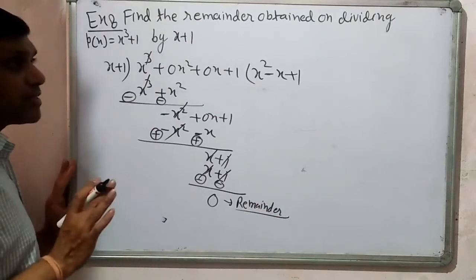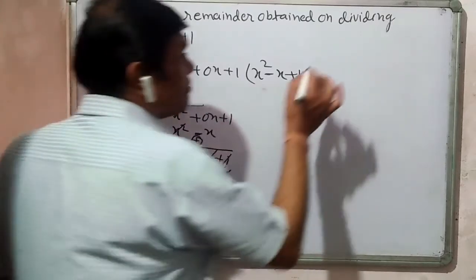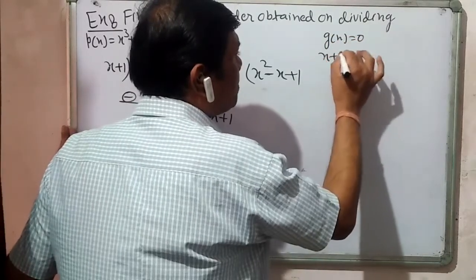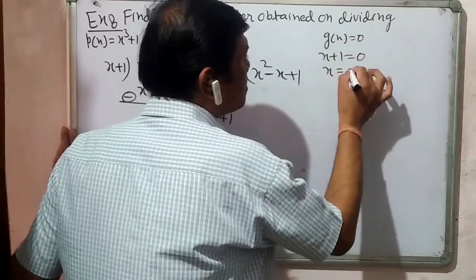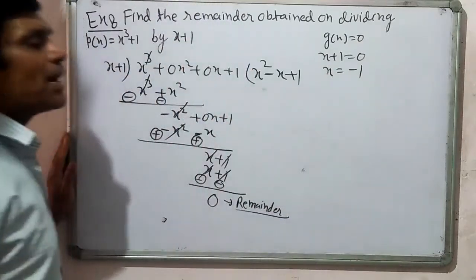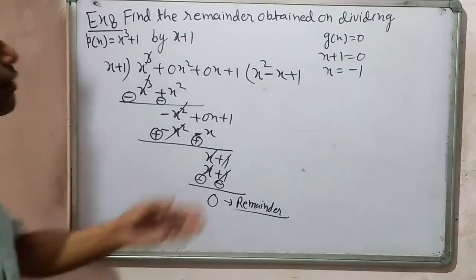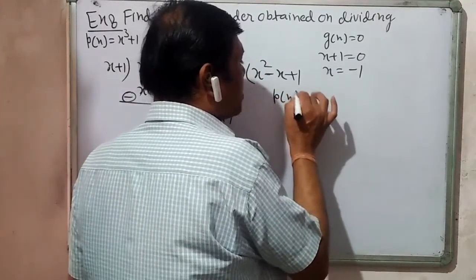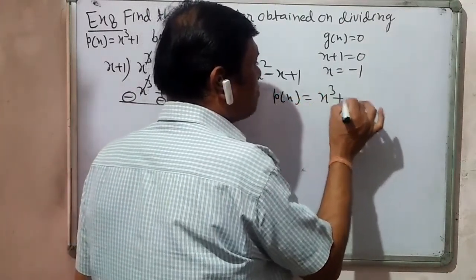Can we verify this? For that, what do we have to put? We have to put g(x), that is x plus 1, as 0, so the x value we are finding is minus 1. Now can we put this x in polynomial p(x)? What was the polynomial? x cube plus 1.